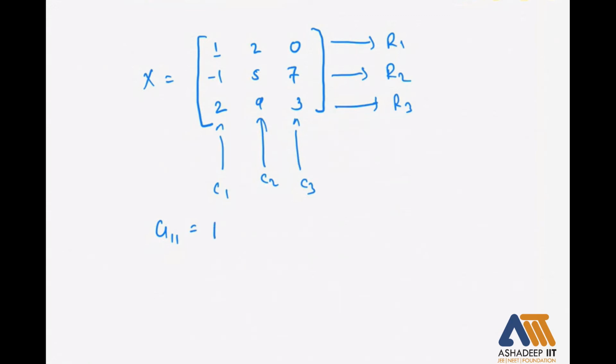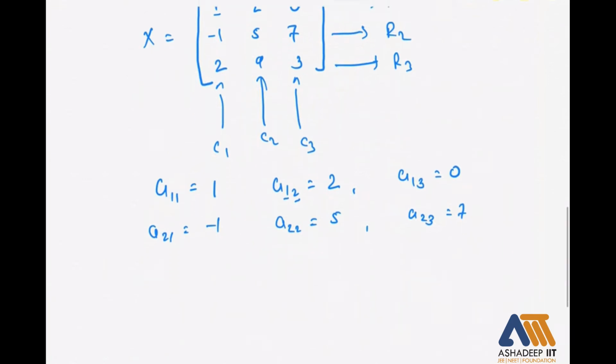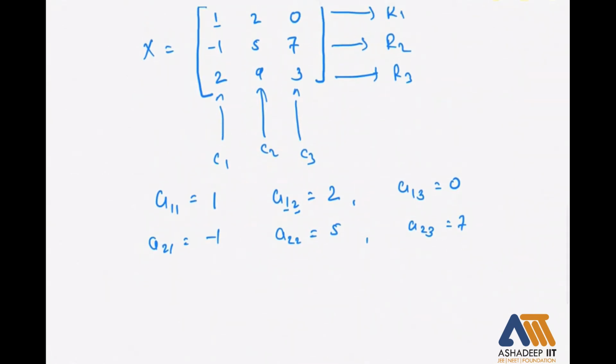So A11 is equal to 1. Then A12, first row second column, that is here 2. A13 is equal to 0. A21 is -1, A22 is 5, A23 is equal to 7. Next, A31, third row, first column, that element is 2. A32 is equal to 9 and A33 is equal to 3.